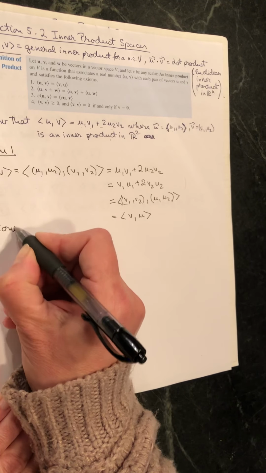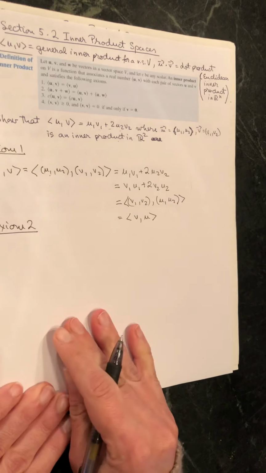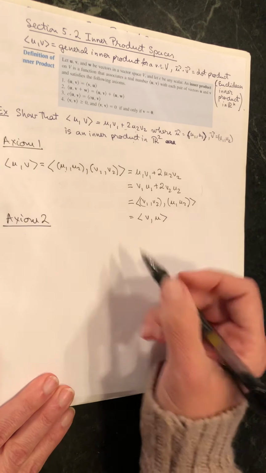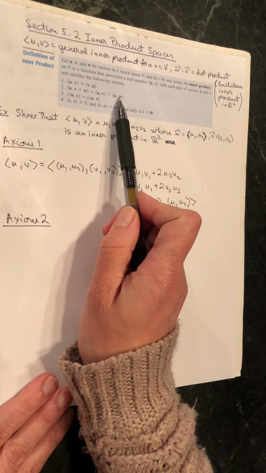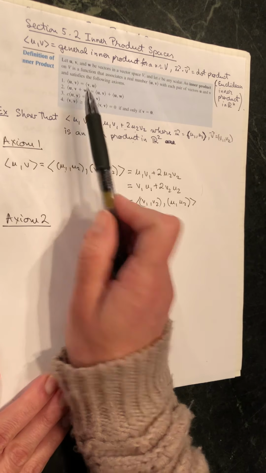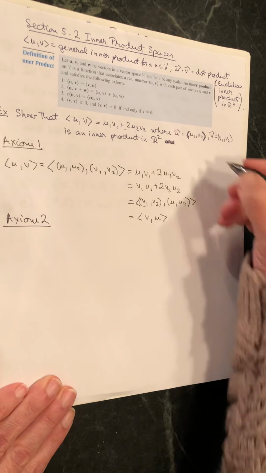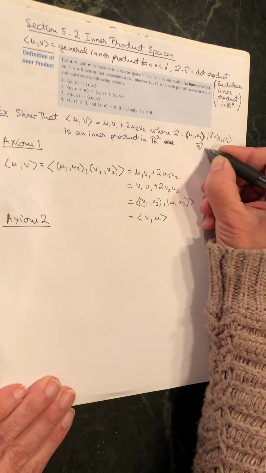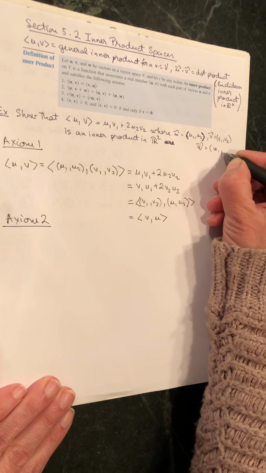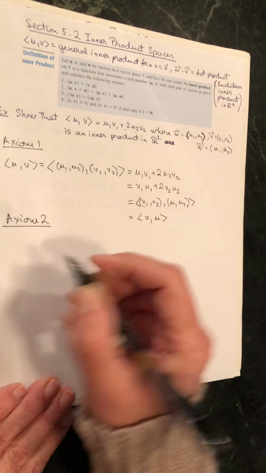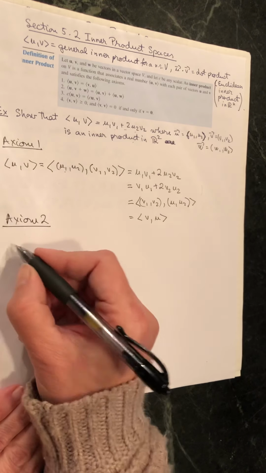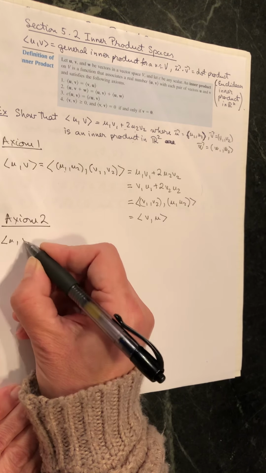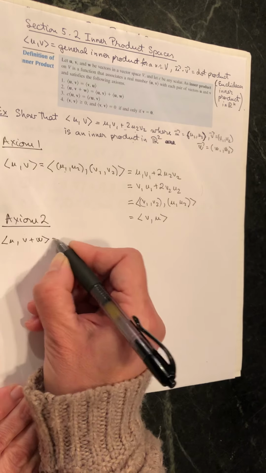Axiom 2. Axiom 2 says to do this. We're going to start with the left-hand side. I need another vector w, so here's my vector w made with w1 and w2. I'm going to start with the product of u and v plus w.